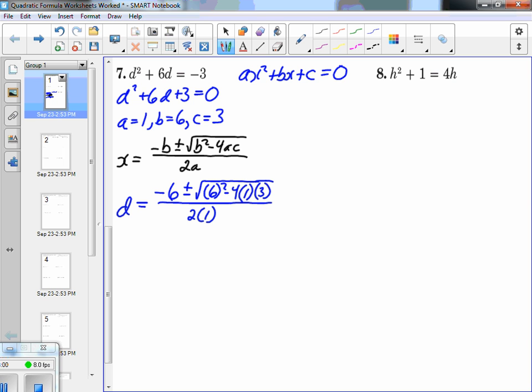So d equals negative 6 plus or minus the square root of, all right, what's 6 squared? Yeah, 36. And then what's negative 4 times 1 times 3? Negative 12. And in the denominator, 2 times 1 is 2.